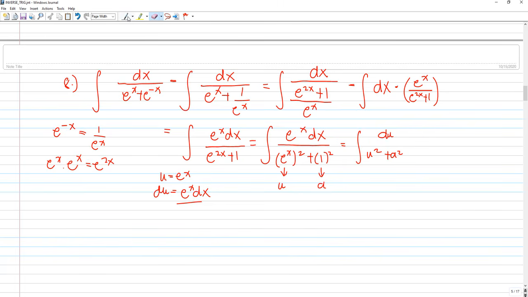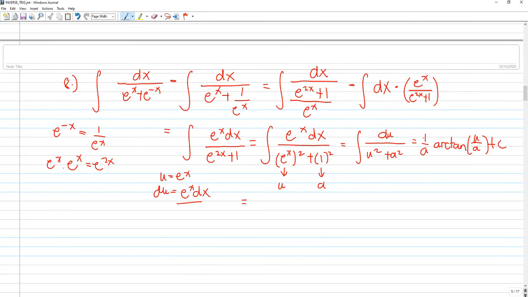Okay, u squared plus a squared. So this is in the form of arctan: 1 over a arctan of u all over a plus c. Back substitute the values of a and u.